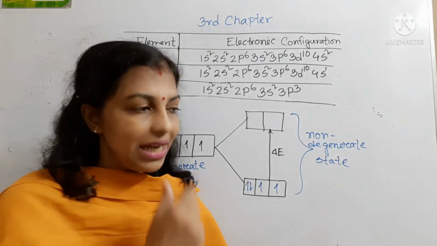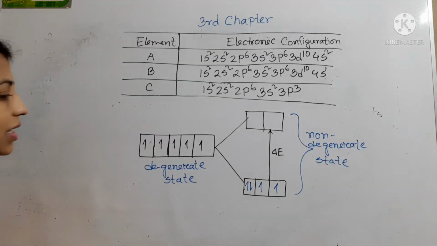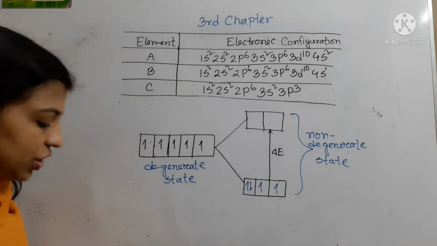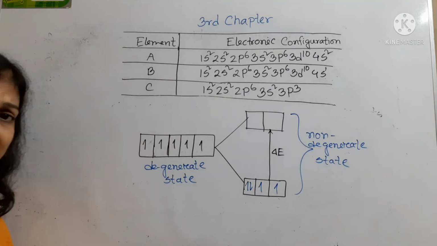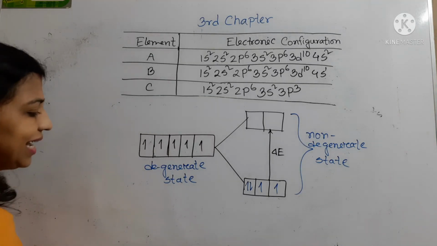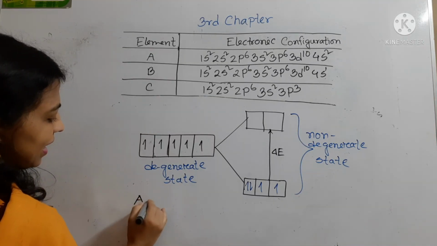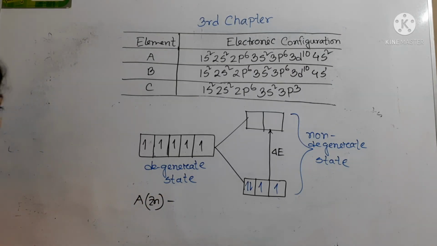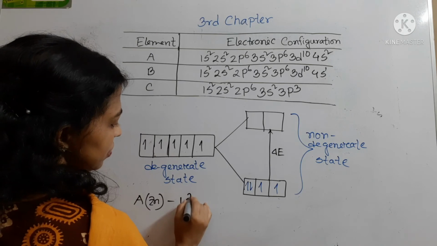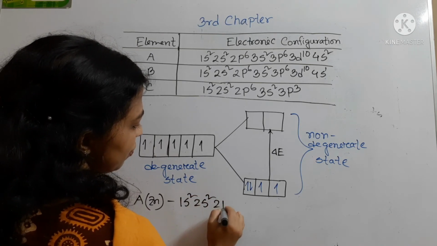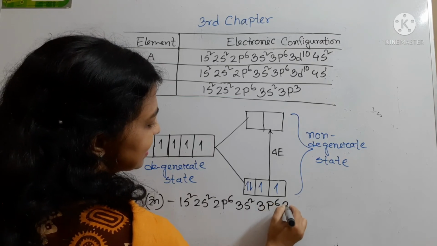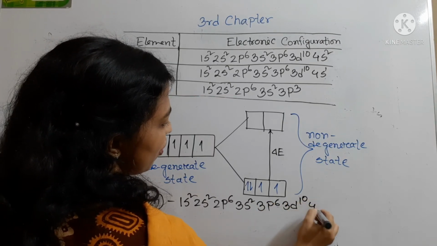Okay. Now, between A and B, first of all, you know, the electronic configuration of A or zinc is 1s2, 2s2, 2p6, 3s2, 3p6, 3d10, 4s2.